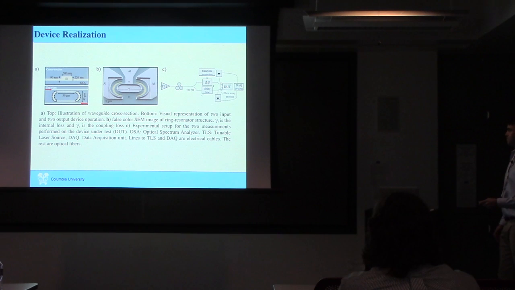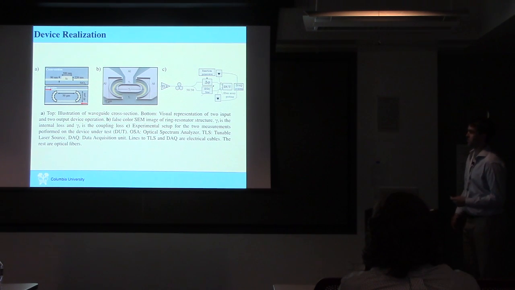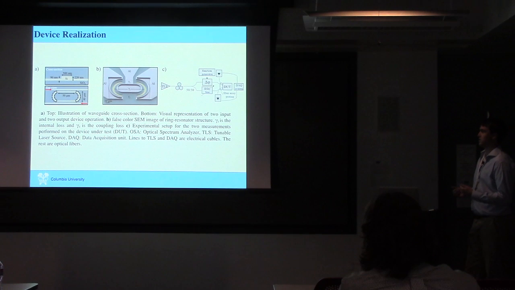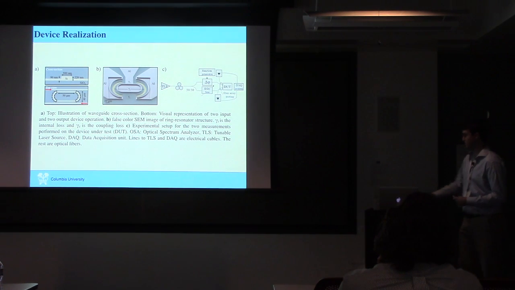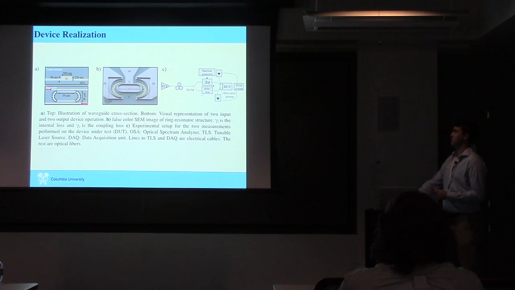In our next device, we want to do an on-chip delay, because with off-chip delay, we have these random phase fluctuations in the fiber that limit the speed at which we can switch.